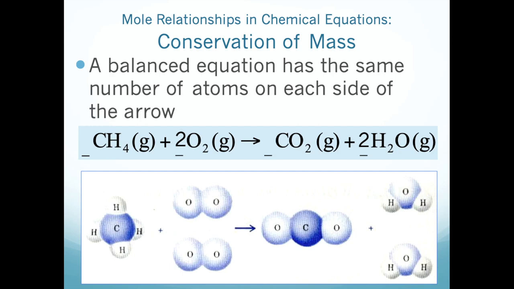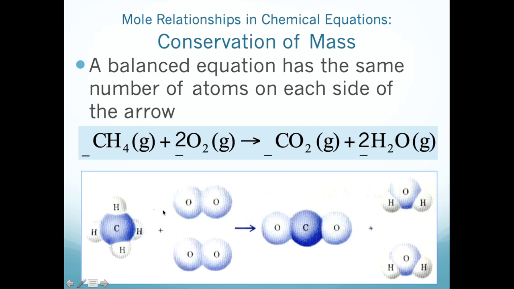Okay? Now, if we were to scale this up, we would see that this still holds true. We have 1 methane reacting with 2 oxygens to give us 1 carbon dioxide and 2 water molecules. If I scale this up to, let's say, if I had 100 methanes, they would react with 200 oxygen molecules to give us 100 carbon dioxides and give us 200 water molecules, right?